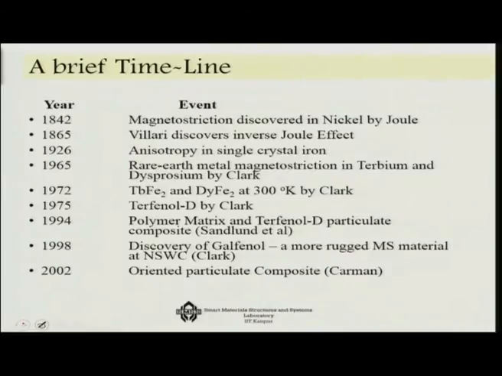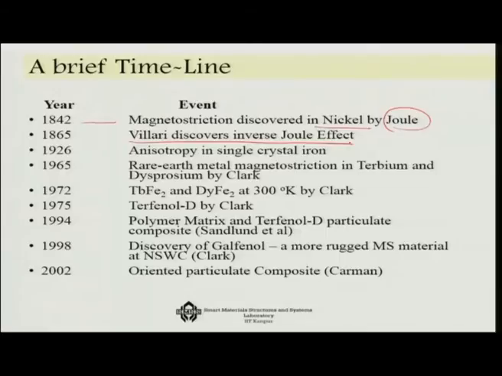Now, we talk about a brief timeline of the magnetostrictive materials. As I told you, James Prescott Joule first discovered magnetostriction in nickel, and that was Joule's discovery, in 1842. In 1865, the reverse effect came to the notice of Villari. He found the inverse of the Joule effect.